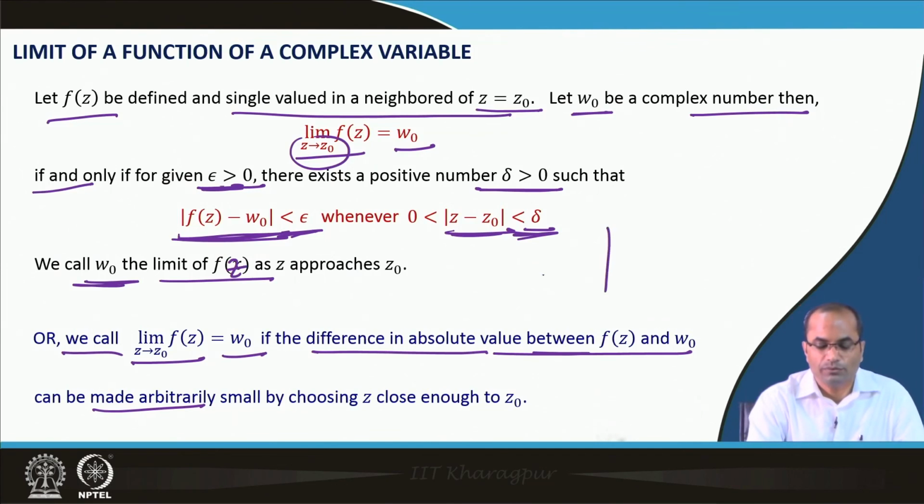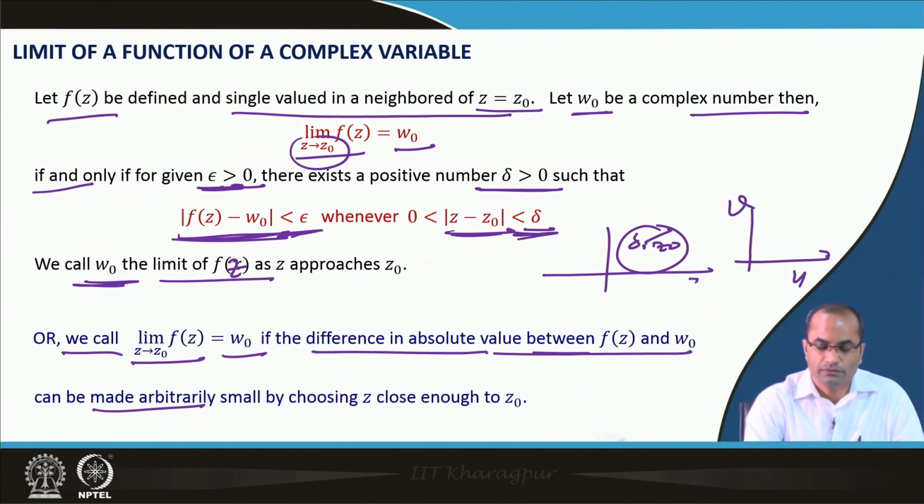So, we have two neighborhoods here: one around the point z naught with delta radius, and another in the uv plane. Here we have the xy plane, and the function f(z) takes us to w naught, with this epsilon neighborhood.